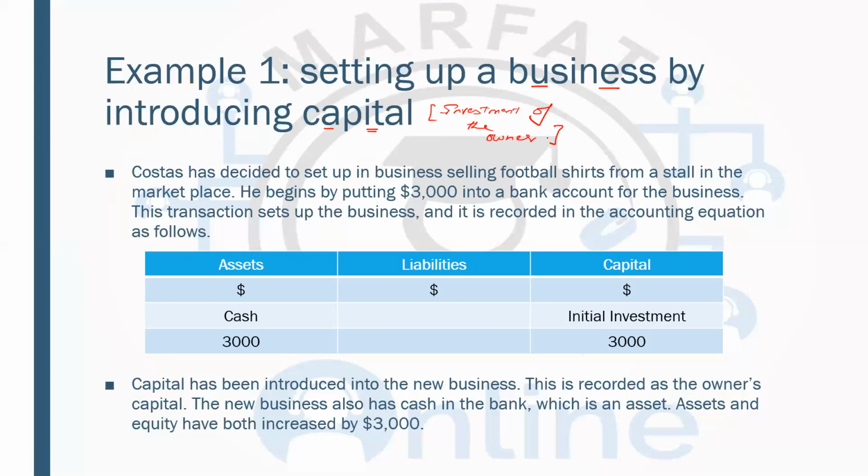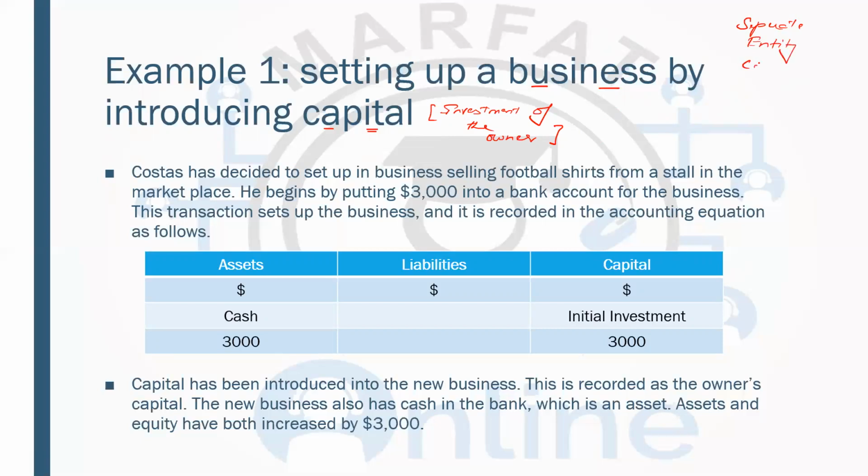Some of the students might think that if the owner is introducing the capital, why there will be two aspects of the transactions? This is a good question if you're having it in your mind. Do you remember the separate entity concept which we studied earlier?